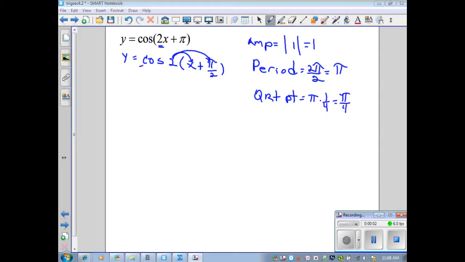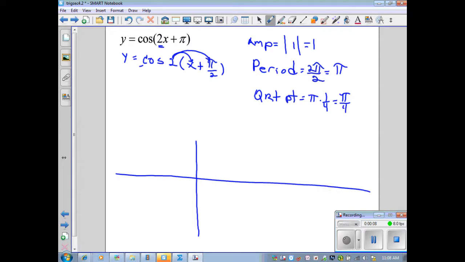Now what I want to do is graph, setting up my y-axis and my x-axis. Pi over 4 is my quarter point, so I count by fourths. Pi over 4, 2 pi over 4, or pi halves, 3 pi over 4, and 4 pi over 4, which is pi, which is my period.